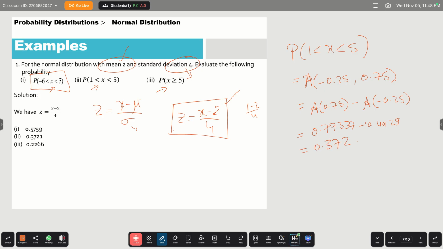The last one is finding the probability of x greater than or equal to 5. When you convert it using this substitution, you get the probability that z is greater than or equal to 0.75.